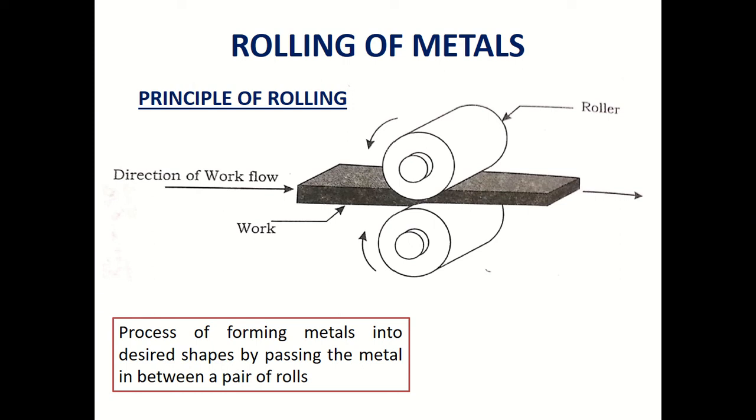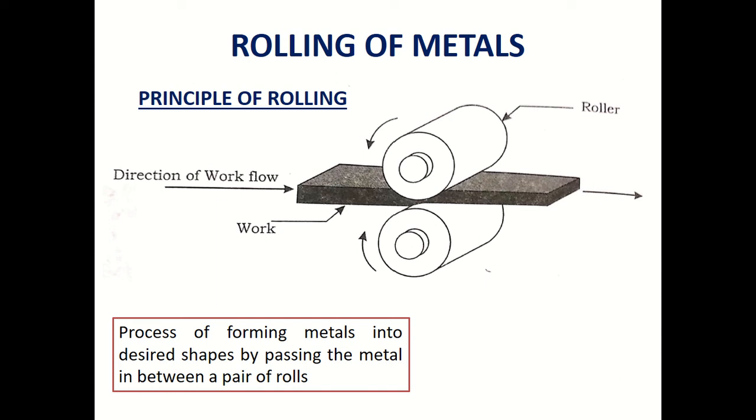If you look at the diagram itself, you can easily see what you can obtain from a rolling process. You can see two rollers, and in between I have passed a workpiece with a desired thickness. Through these two rollers, as an output I will get a cross section of reduced thickness, isn't it?